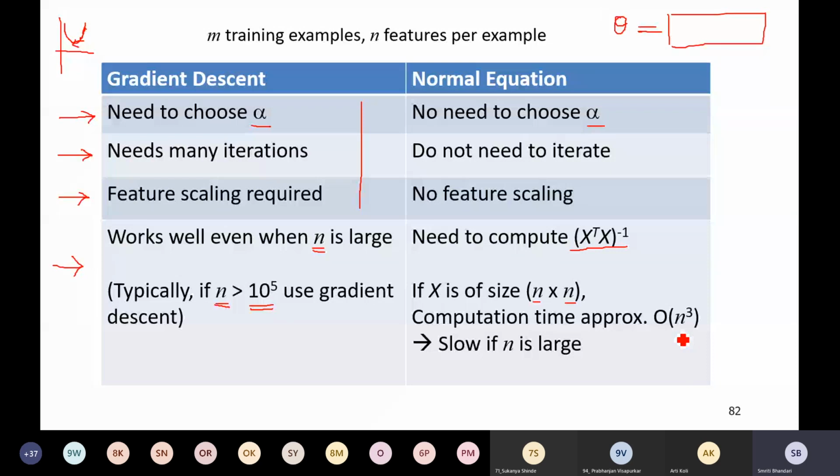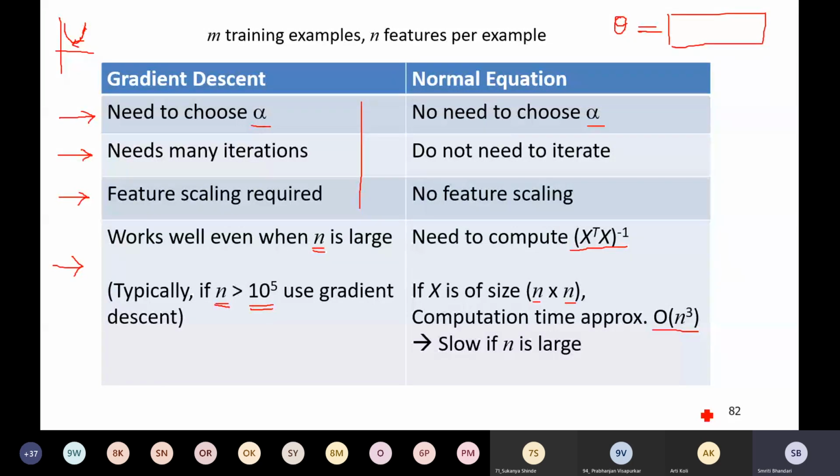So obviously, if the number of features n is very large, then the normal equation method will be very, very slow.